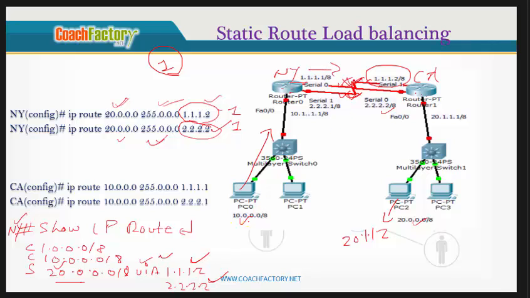So it is going to load balance across both connections in order to reach this 20 network. This is called static route load balancing. If one connection goes down, these users can still communicate with each other using the other connection.